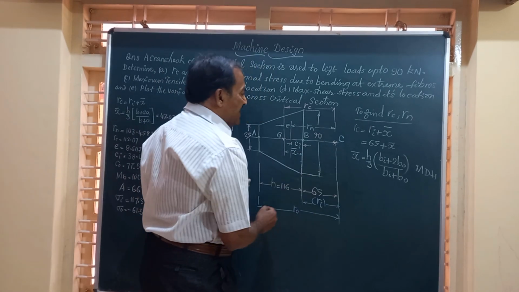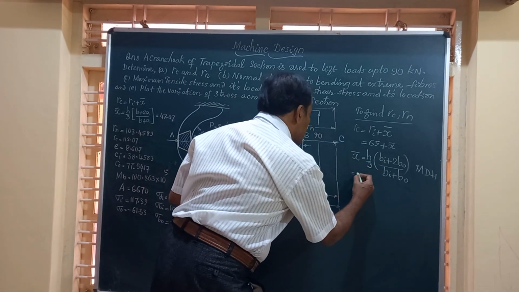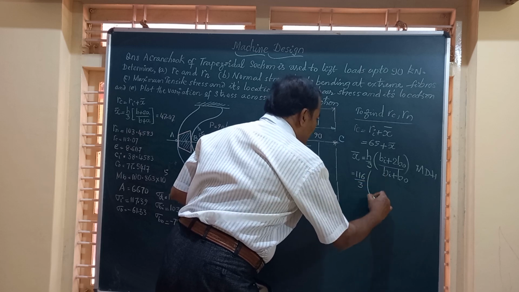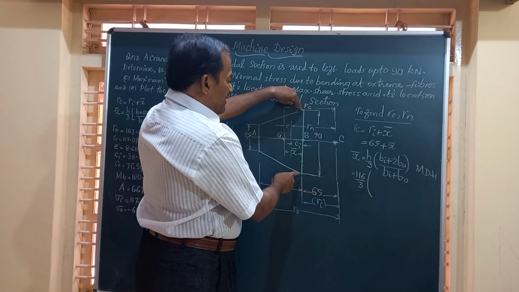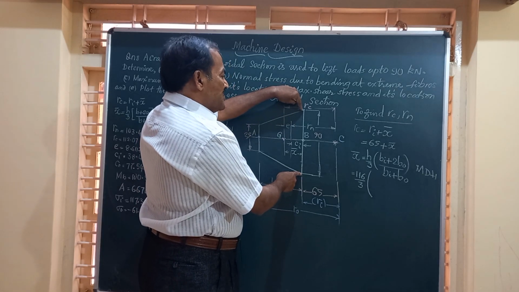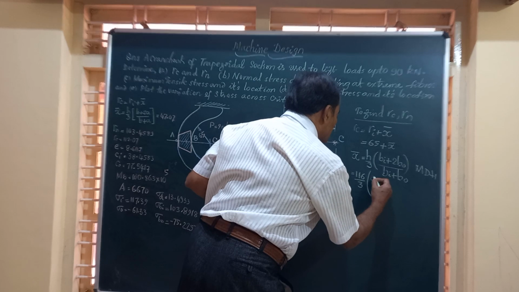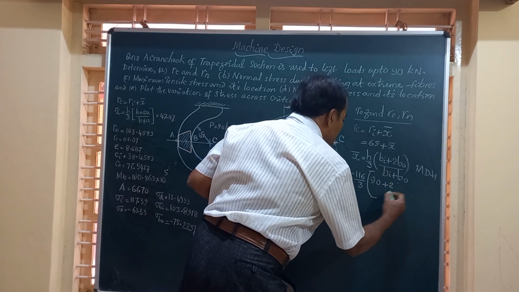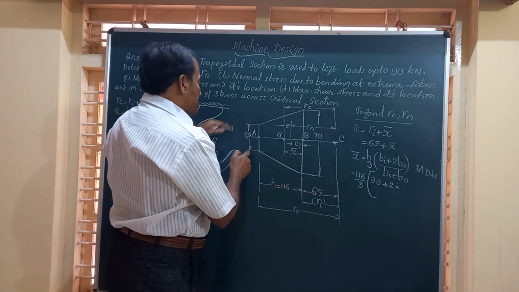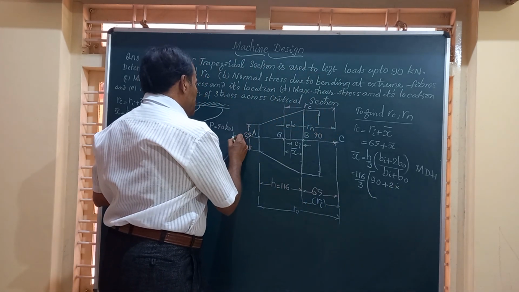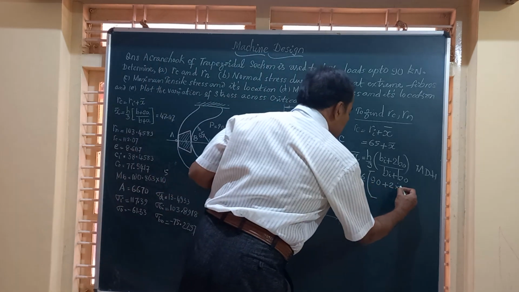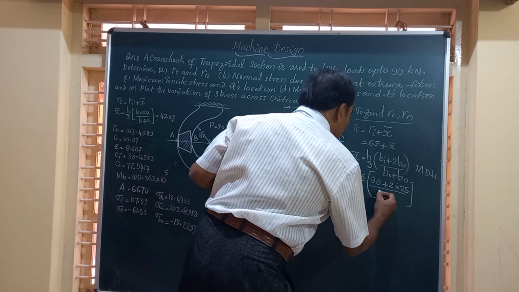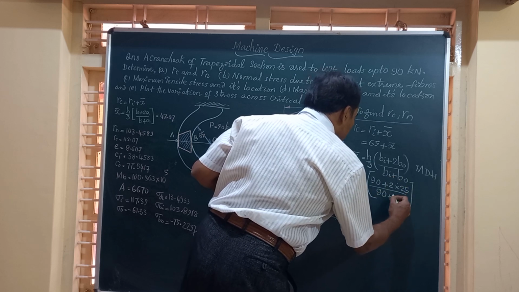So friends, as per the diagram, h is 116 mm divided by 3, h by 3 bracket bi, the inside maximum dimension of the trapezium, that is 90, plus 2 times b naught. B naught is this dimension, that is 25, divided by bi plus b naught. Bi is 90, b naught is 25.